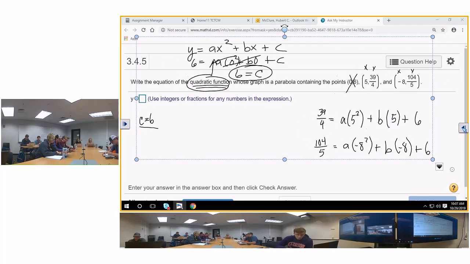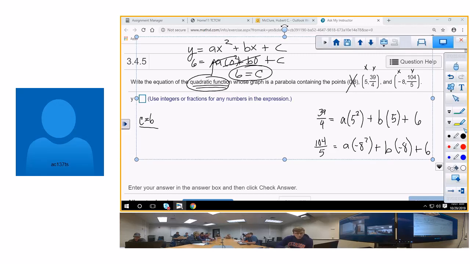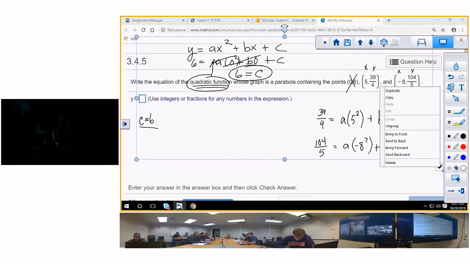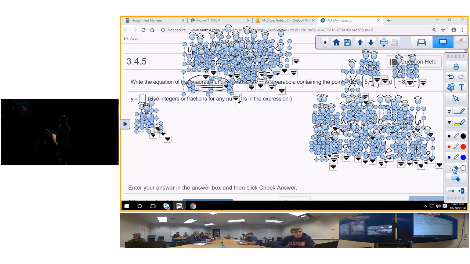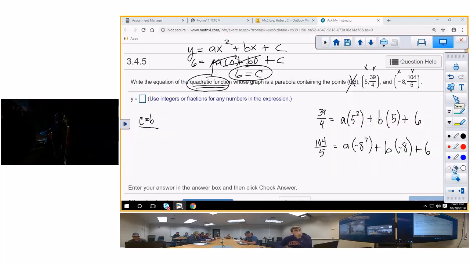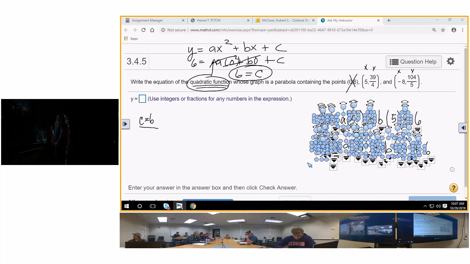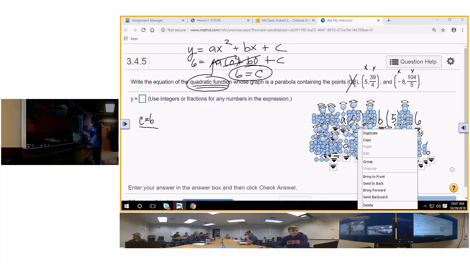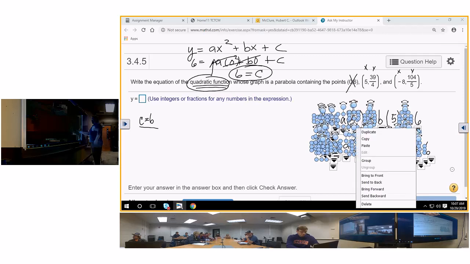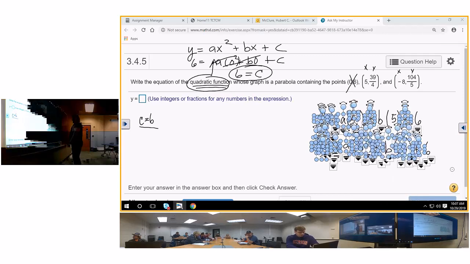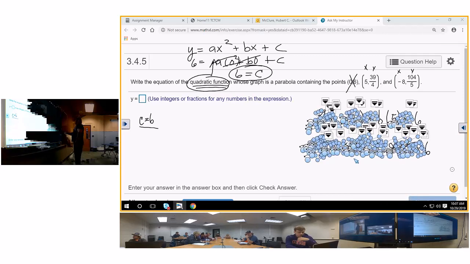Whatever. Let me try this. Ungroup. I didn't figure out how to do it. I just figured it out. I need training. Oh my gosh, how did I do that?